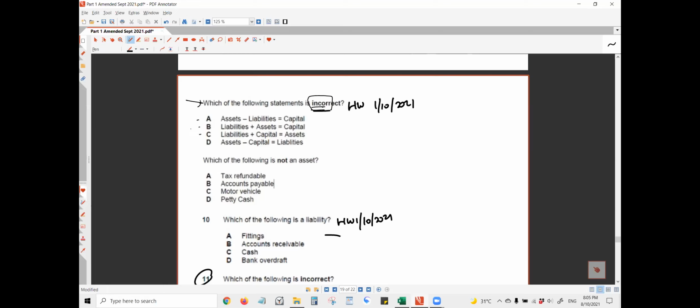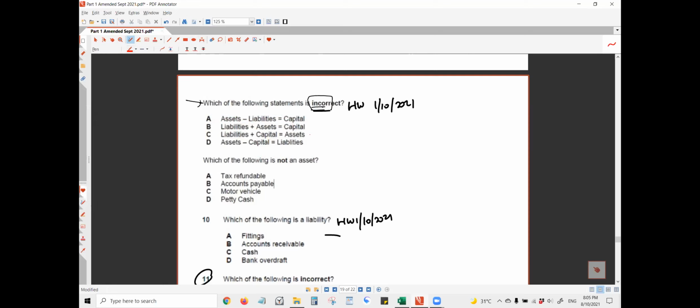They may tend to choose C because A equals C plus L, that's the correct equation. I've seen many students choosing C because they forgot that they should choose the wrong one. So keep reminding yourself that you are looking for the wrong one here.